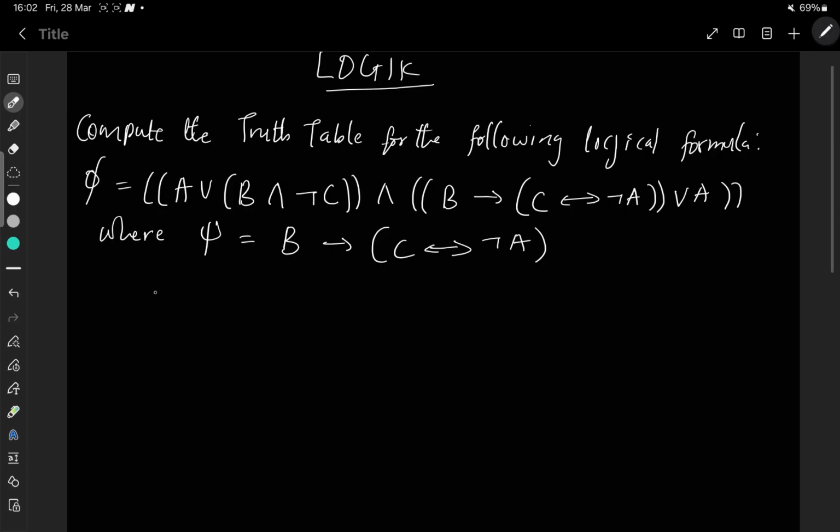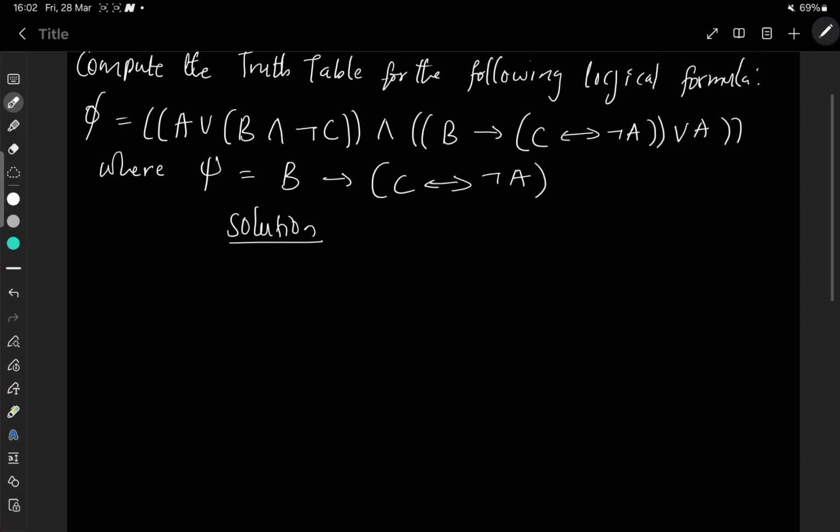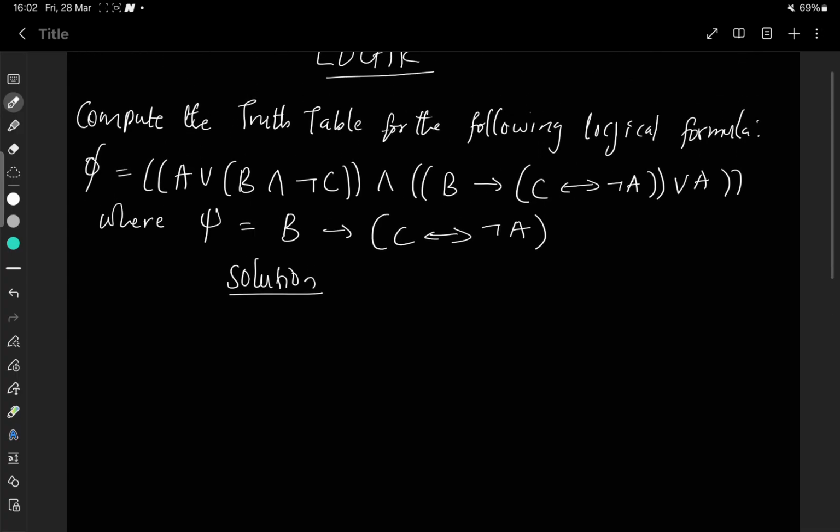All right, so solution. We are going to compute the truth table for this equation now, and then step one.